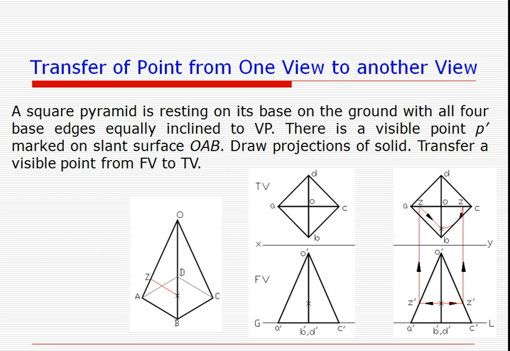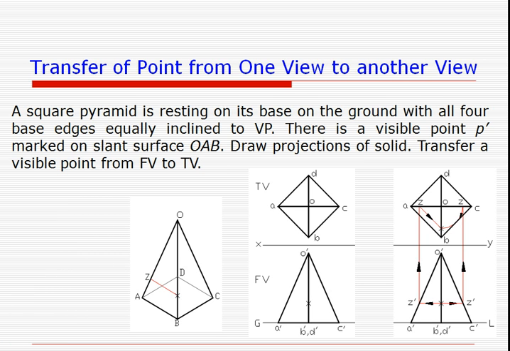Now this Z dash I consider lying on O dash A dash. On OA I can easily get it transferred, but ultimately I know this point is not on OA, it is on OB.